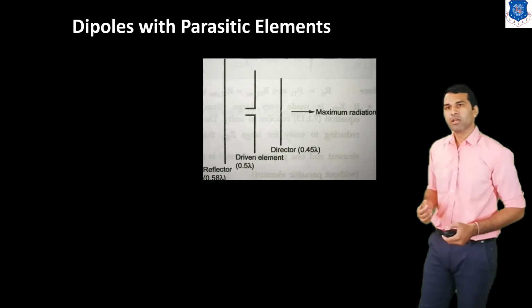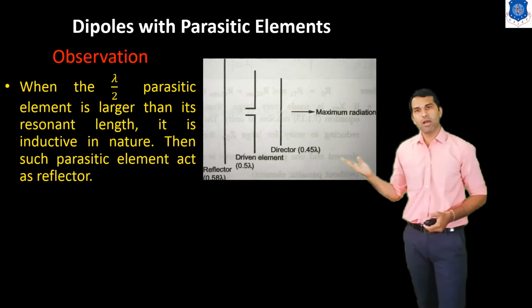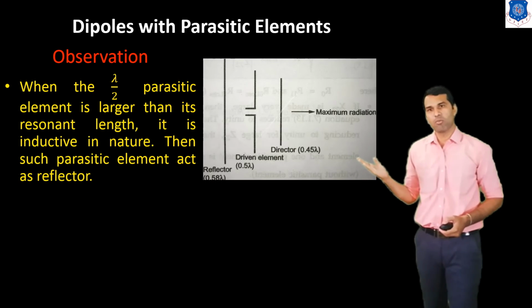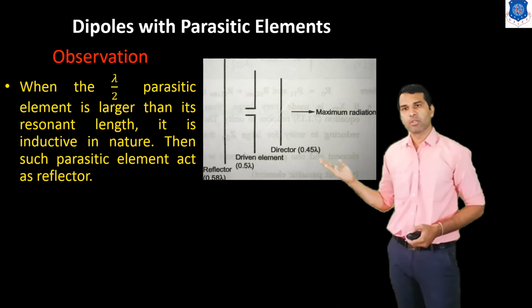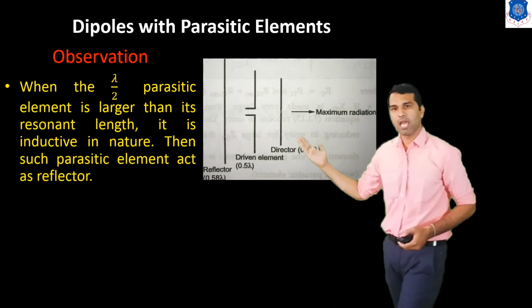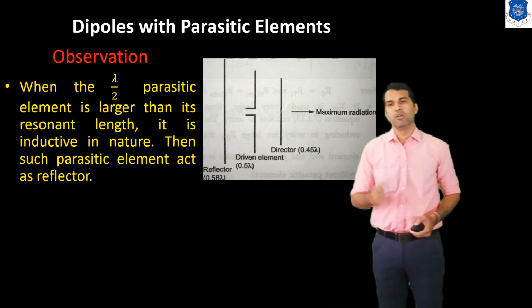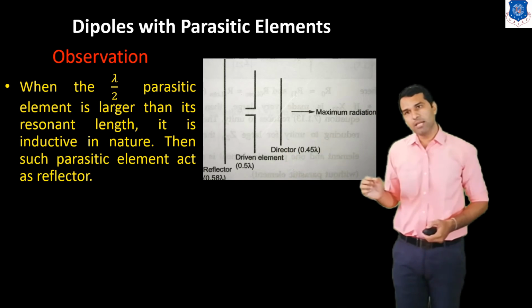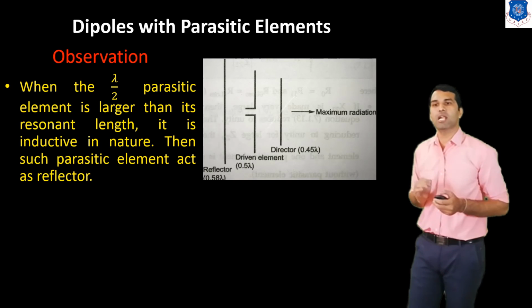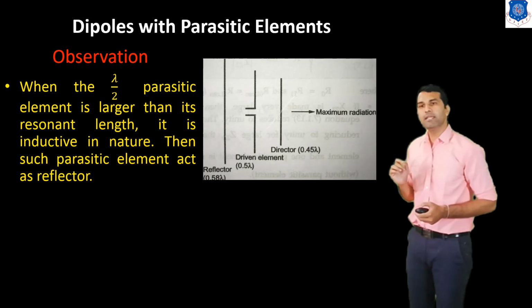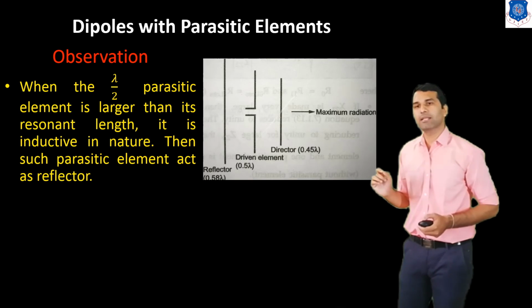Now, dipole with parasitic element. We have some observations here. This is the Yagi-Uda antenna, and here is the driven dipole, and this is the parasitic element, the director. When the lambda by 2 parasitic element is larger than its resonant length, it is inductive in nature. Such a parasitic element acts as a reflector.